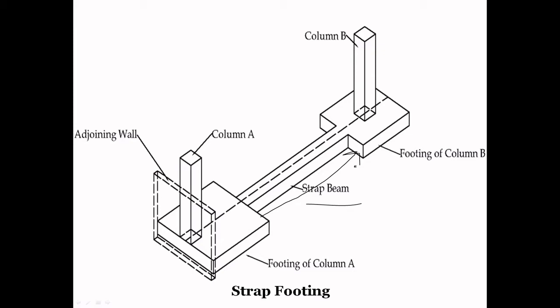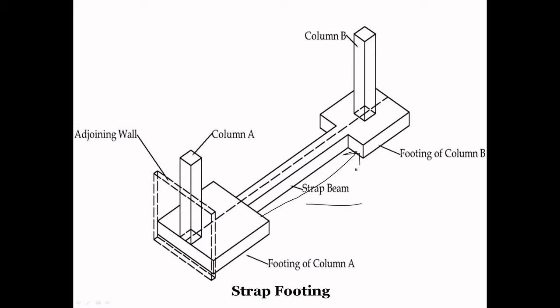Strap footing is required when a column is near the adjacent property limit, or a square or rectangular footing concentrically loaded under the column would extend to the adjoining property, which may not be possible. In that case, the strap footing may be provided.